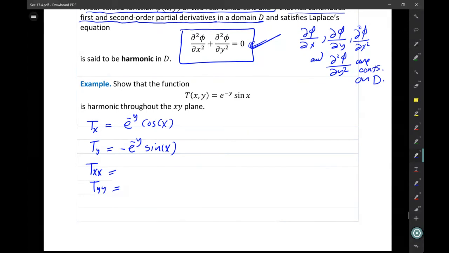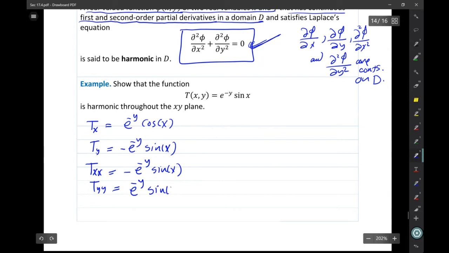T sub xx: derive T sub x another time with respect to x, so that becomes minus e to the minus y sine x, since the derivative of cosine is minus sine. T sub yy becomes e to the power minus y sine x.